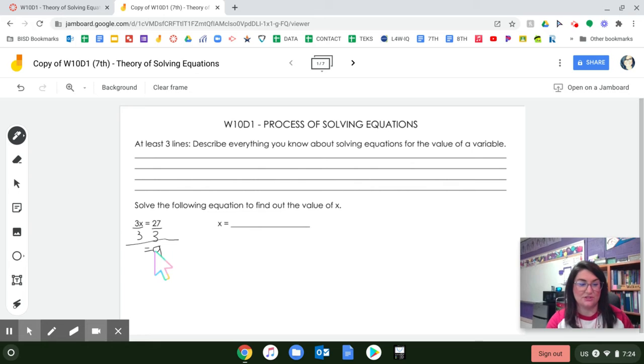This equal sign just comes down, and then 3x divided by 3 is going to give you 1x. So you'll go through each section of the equation and bring down what the answer is. And you end up with a new equation, so x equals 9. Sometimes when you have 2 steps, you might have to start with this equation and solve another step, but in this one, it's just a 1-step equation.